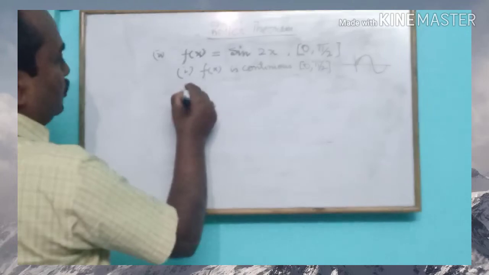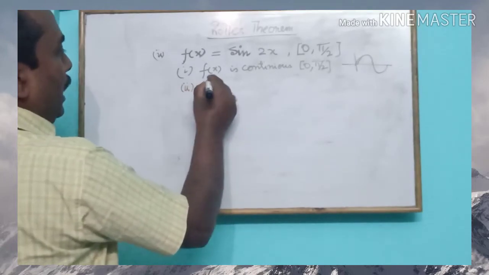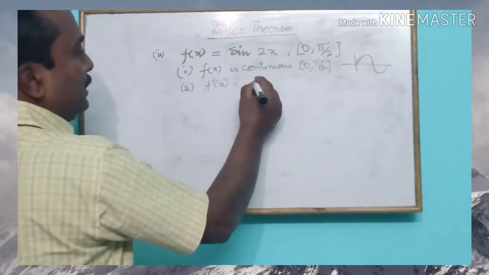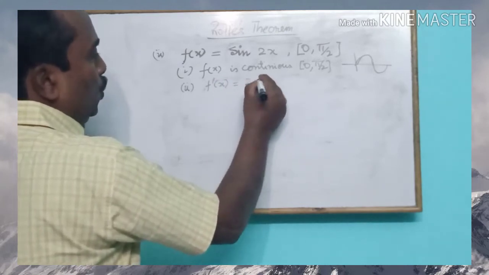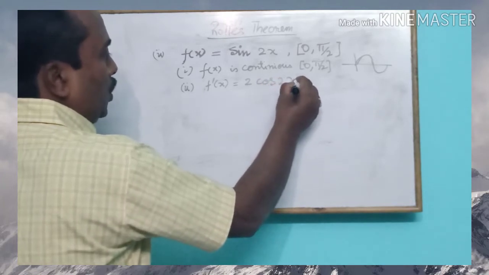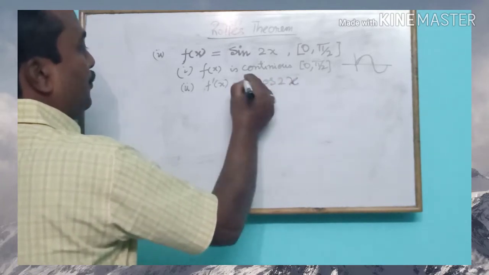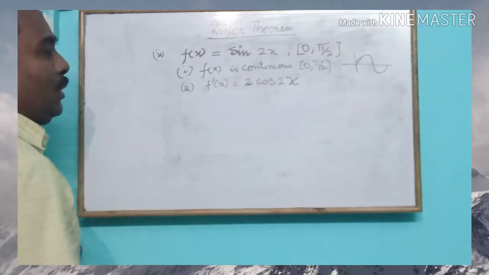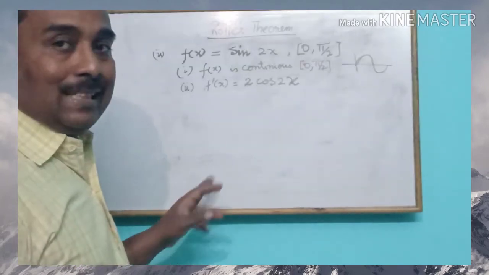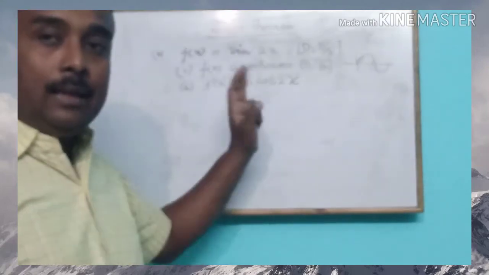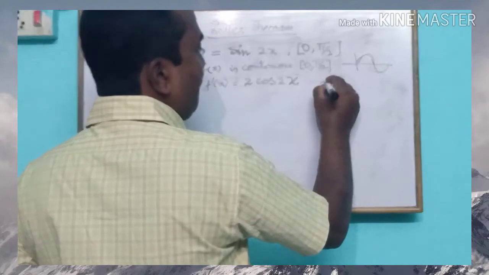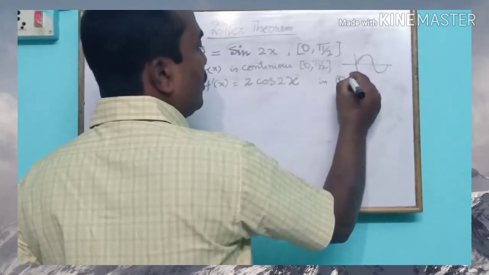Number 2, f'(x) is 2 cos 2x, and 2 cos 2x is obviously derivable in the open interval 0 to pi by 2.